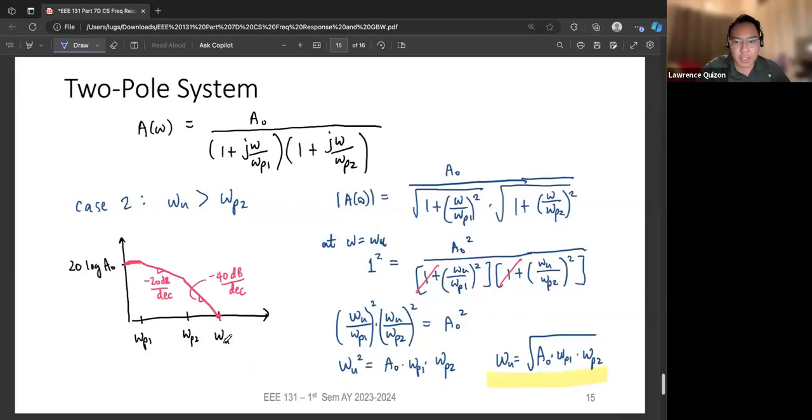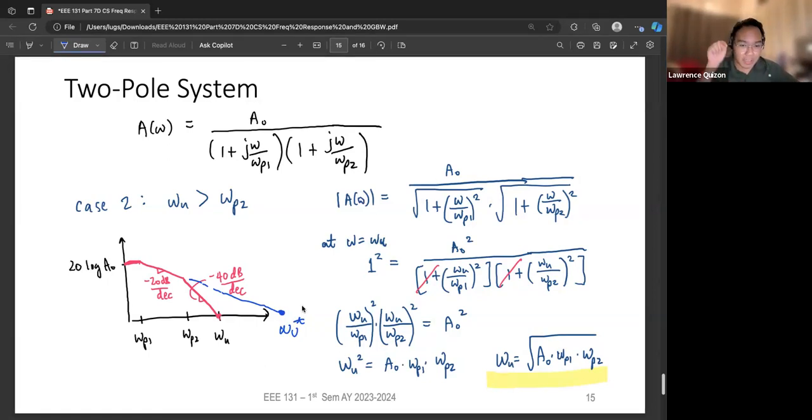All right. So, the other case is when omega p2 actually occurs before omega u. Now, if you try to use the original formula, you would be deriving a unity gain frequency, omega u star, that's wrong, no?